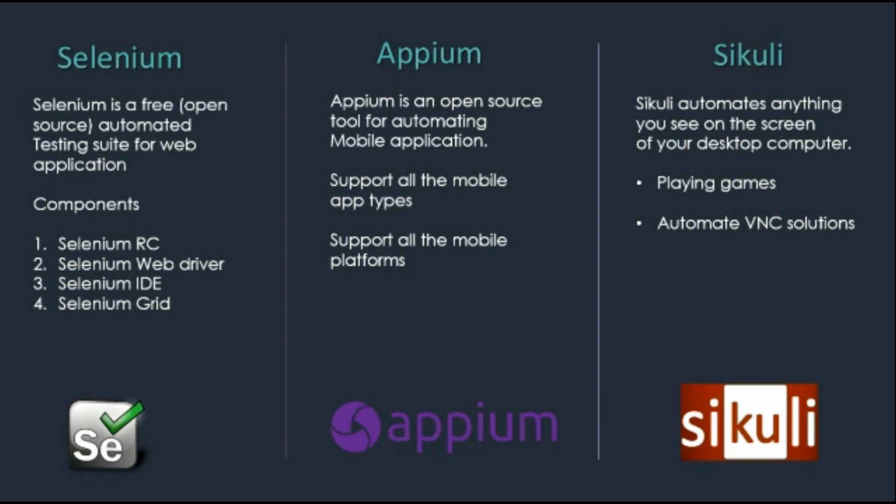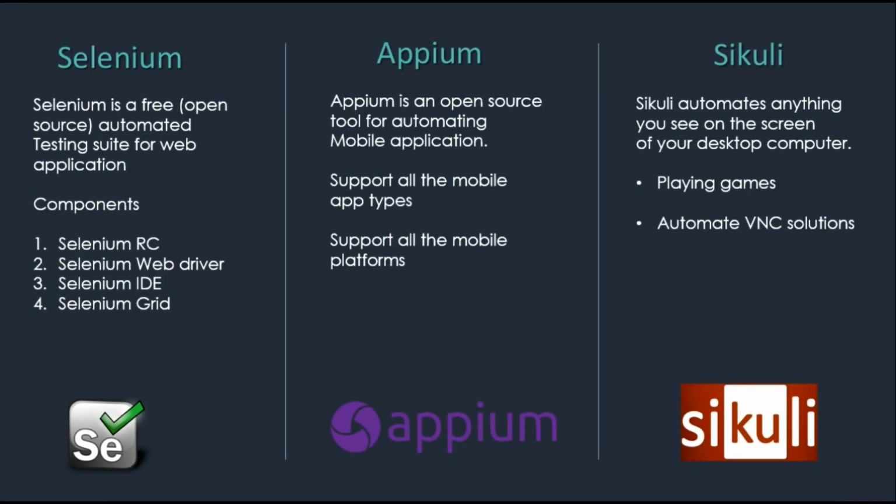And the next one is Sikuli. Sikuli can automate anything that we can see on our screen because it's based on image recognition libraries. It identifies and controls GUI components by using images. We can use Sikuli to automate desktop applications.